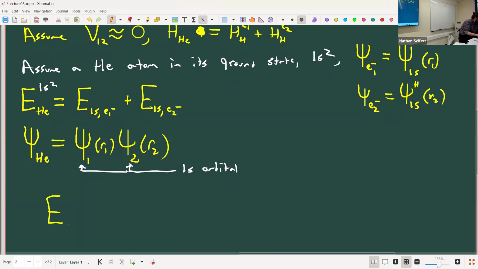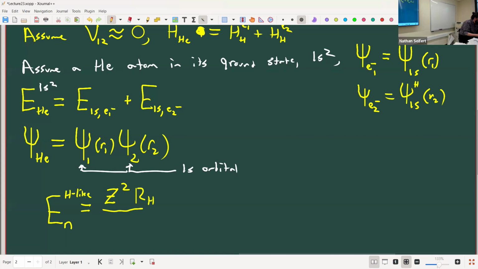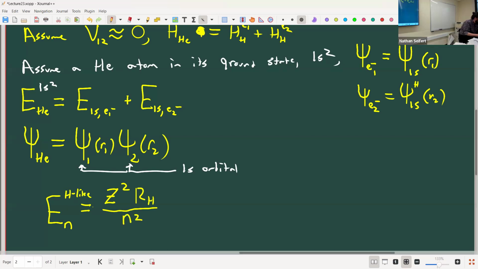Well, the energy of a hydrogen-like atom is minus Z squared, where Z is the charge of the nucleus, times the Rydberg constant, divided by n squared.